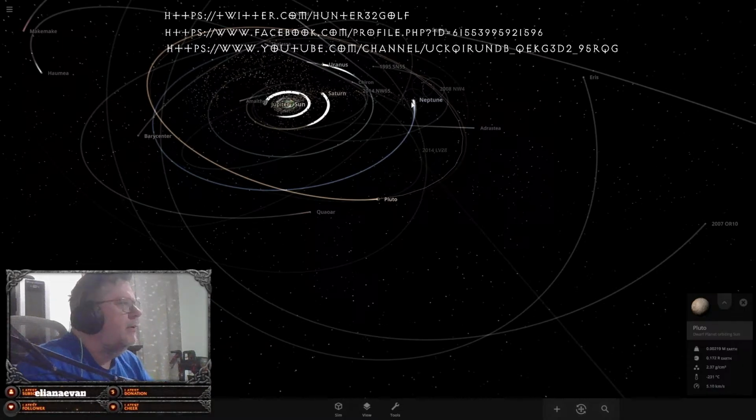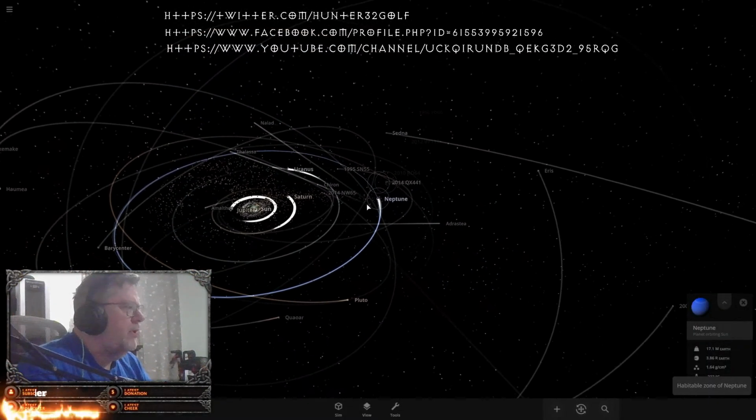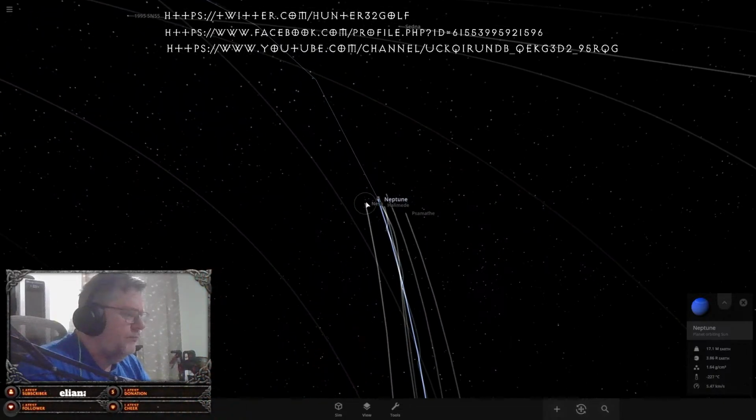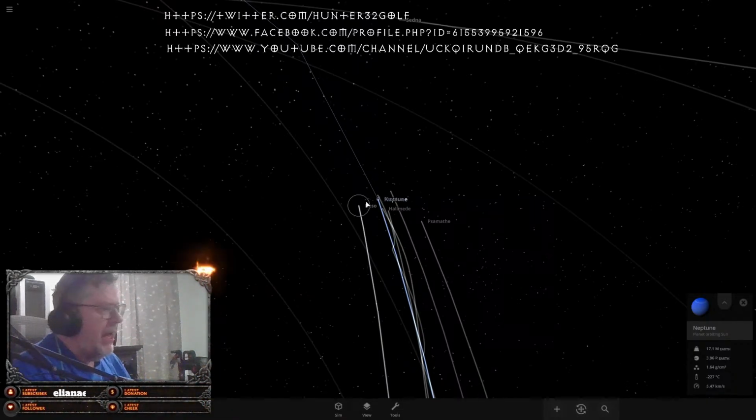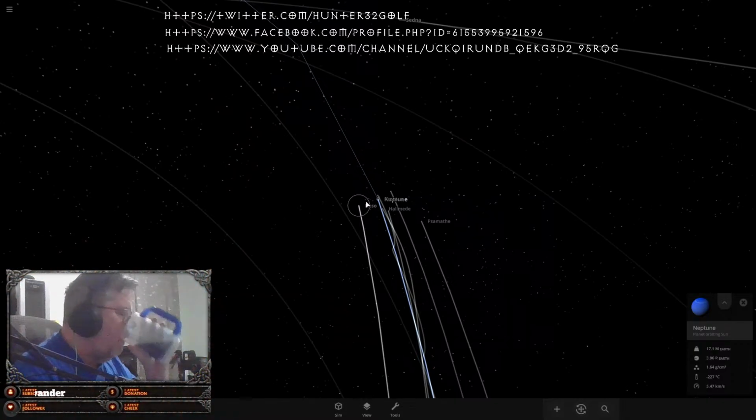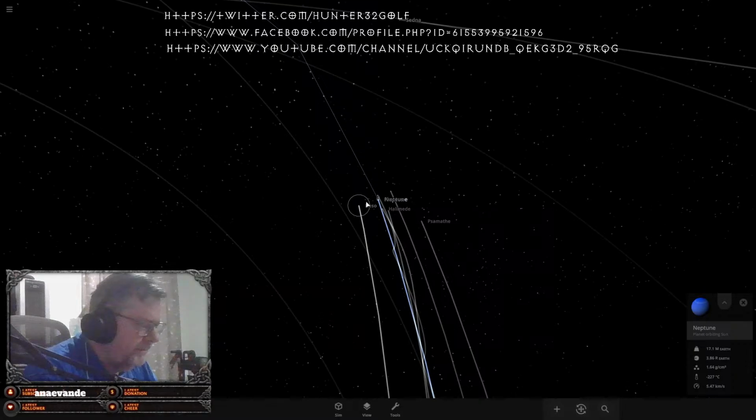The first planet, our first Jovian planet, is Neptune. Neptune is comprised of 80% hydrogen, 19% helium, roughly 1.5% methane, and there are trace elements.